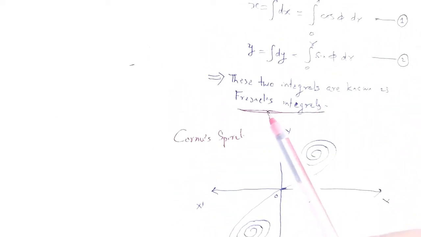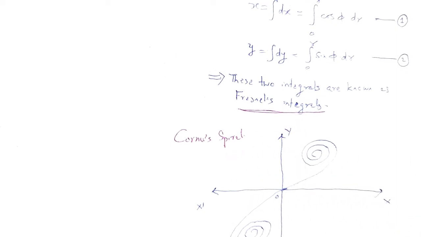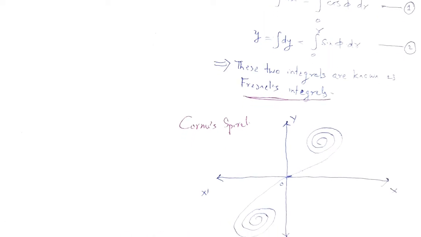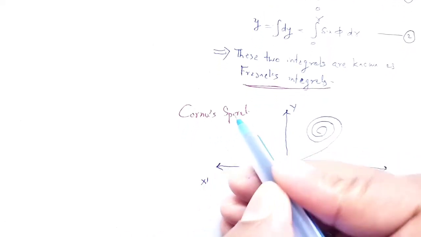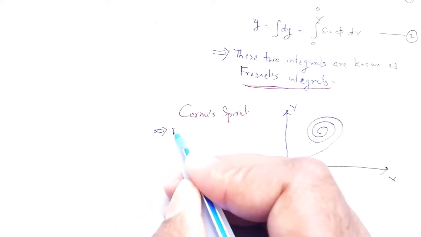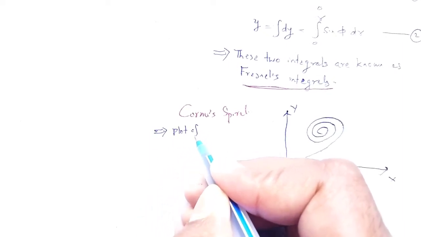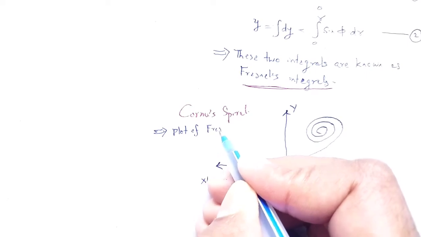By using the Fresnel's integrals, we have the Cornu's spiral. Cornu's spiral is nothing but the plot of Fresnel's integral.